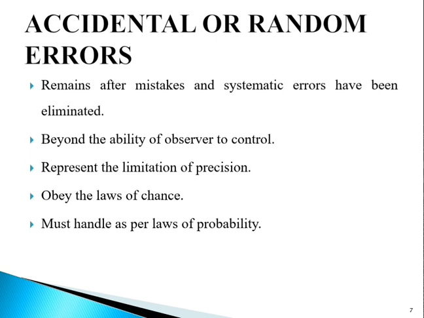Accidental errors follow the law of probability. These errors sometimes increase the result and sometimes decrease the result. As accidental errors tend to compensate each other, these are also referred to as compensating errors.